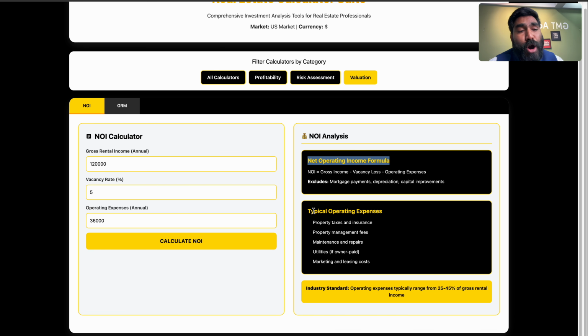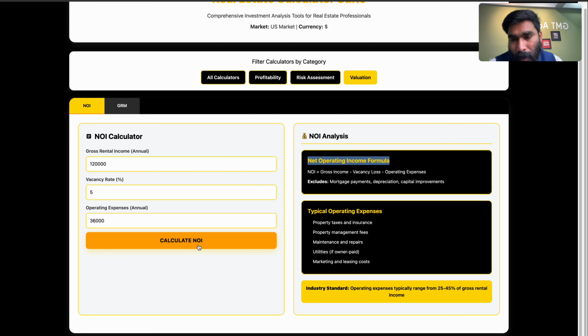The components required to compute NOI are property taxes and insurance, property management fees, maintenance and repairs, utilities if owner paid, and marketing and leasing cost. If we talk about industry standards, operating expenses typically range from 25 to 45 percent of gross rental income.